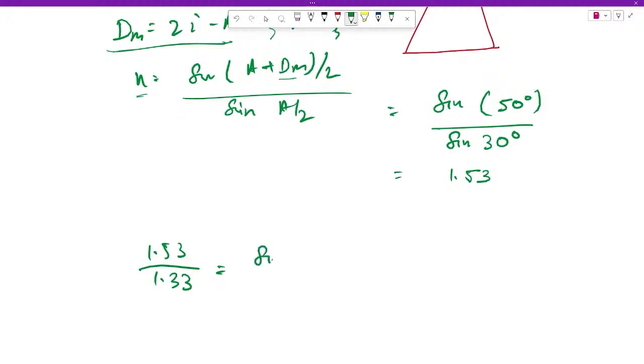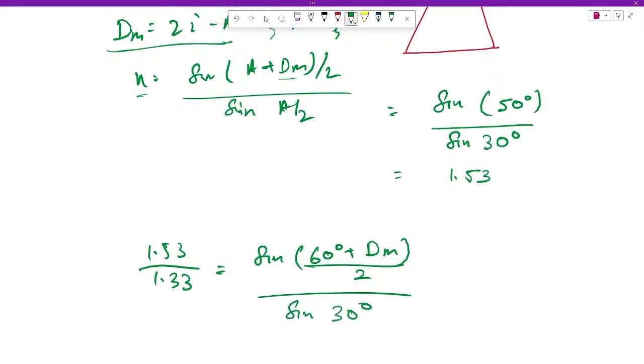This will equal sine of (A plus dm) by 2, where A will be constant because the prism is the same, that is 60 degrees, and dm we have to find out, so dm will be unknown, divided by sine of A by 2, that is 30 degrees. After solving this, we come to the conclusion that dm is equal to 10.32 degrees.